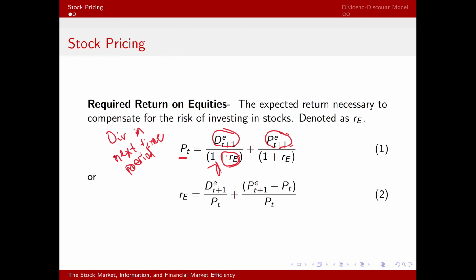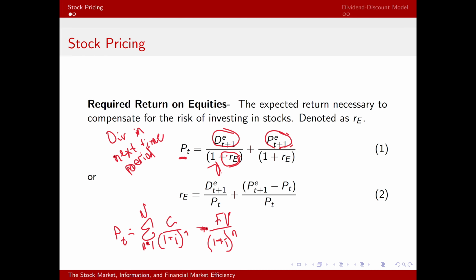In fact, if you think back to what we were talking about with chapter 4 in particular, this is the exact same formula of a coupon bond, where if you remember, the coupon bond's price is equal to the sum from n equals 1 to capital N of coupon payments over 1 plus the interest rate to the n, plus the face value of the bond over 1 plus i to the n.